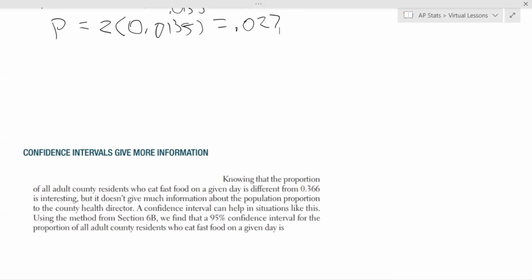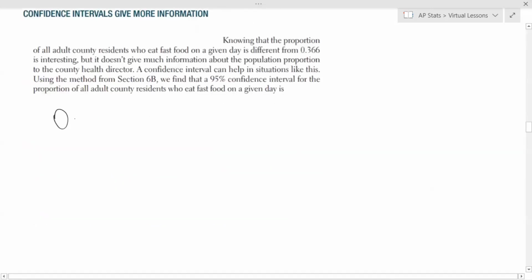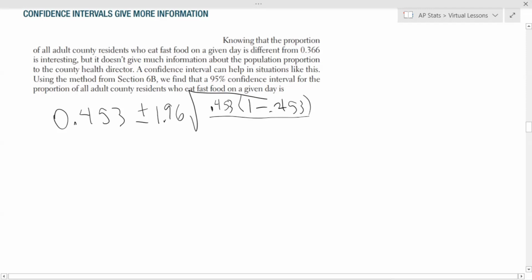So in the previous section where we found 95% confidence intervals, we could do that here in this case by simply taking the sample proportion, 0.453, and adding or subtracting the critical value, 1.96 for a 95% confidence interval, times the standard error, which is the square root of 0.453 times 1 minus 0.453 over 150.